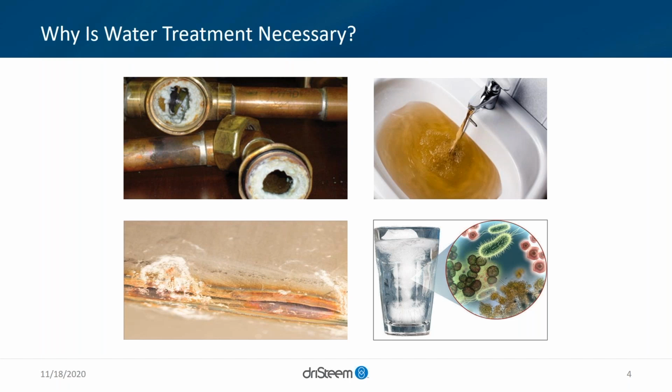Bottom left is a depiction of, in this case, chloride corrosion, and more specifically on a weld. Why water treatment is important, obviously minimize that aspect of it, which will be talked more about in the RO series, specifically chloride removal. And then lastly, the bottom right photo, we're looking at a glass of water that has different biological aspects to it, whether that's bacteria or viral or fungus based. And this is really the picture that explains dechlorinators. So in the sense of adding disinfectant to your water, they do that to prevent these things from obviously getting people sick.